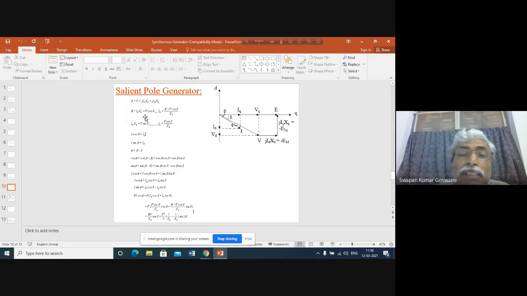So XD is measured along the direct axis, and XQ is measured along the quadrature axis.